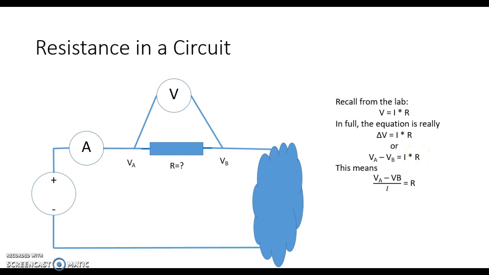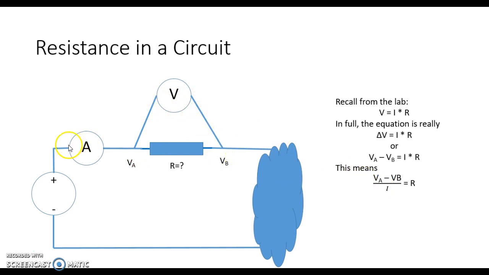So if I want to find the resistance in this component, I need to know the voltage at the beginning and the voltage at the end, in other words the difference between the voltages, which I will find with a voltmeter connected across that component in this fashion.